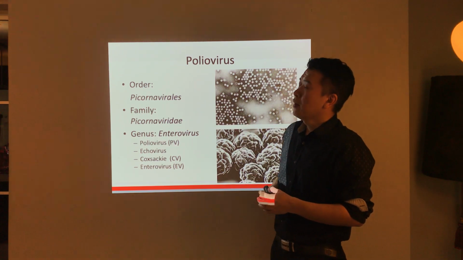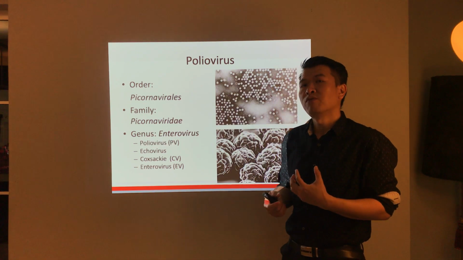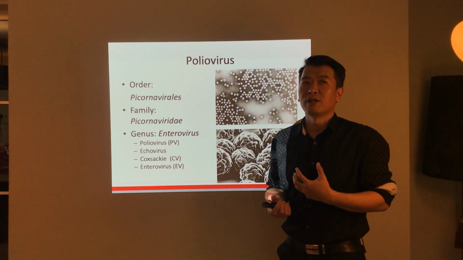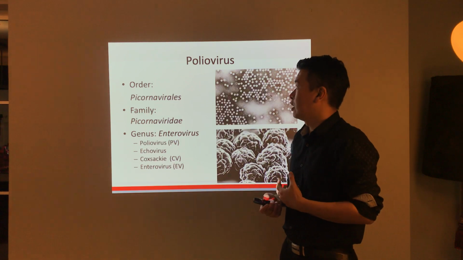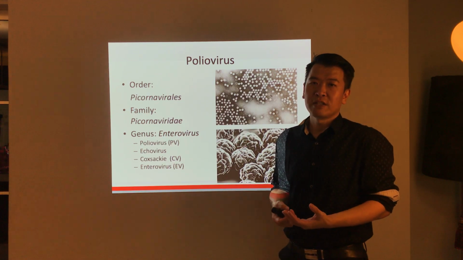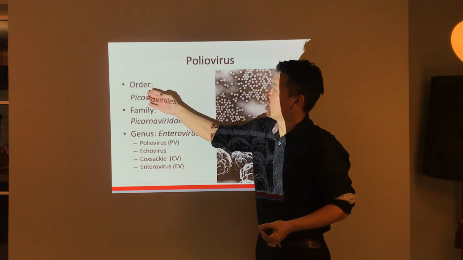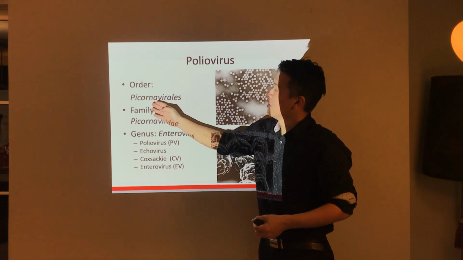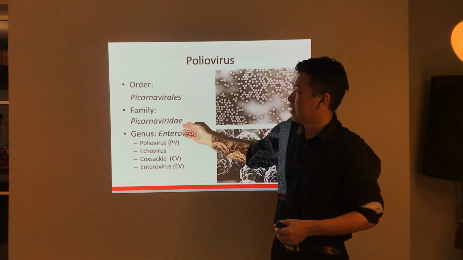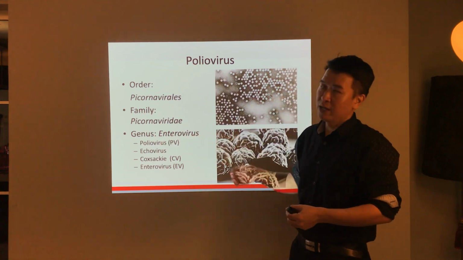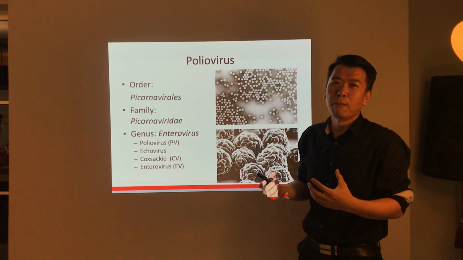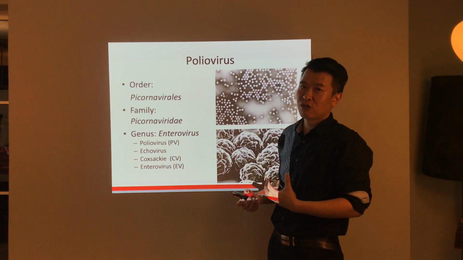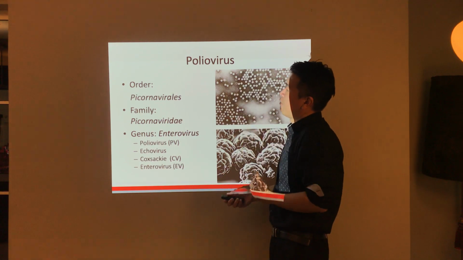So in virology, it's very common for people to describe a virus by saying that poliovirus is a member of the order Picornaviridae, family of Picornaviridae, genus of Enterovirus. This is a common way of writing the introduction of a virus.